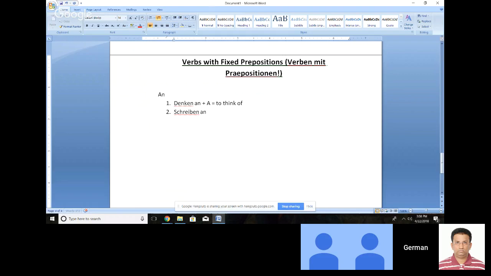Schreiben an plus accusative, to write to. Sich erinnern an plus accusative means to remember about.